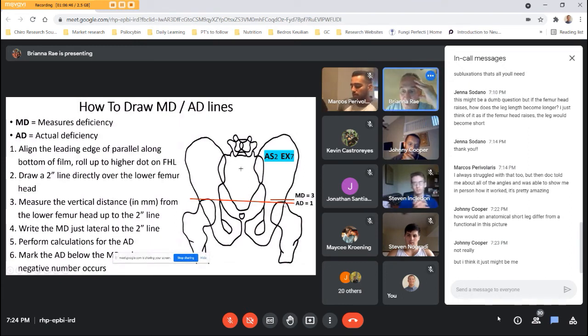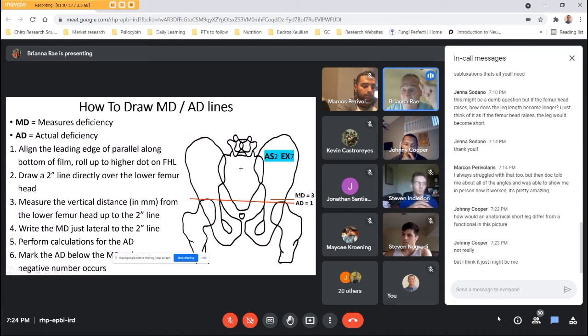Okay, so we don't know if that measured deficiency of 3 millimeters is anatomically short 3 millimeters, or if it's physiologically short. All right. We just know, remember, this is a standing weight-bearing x-ray. It's not laying down. So we're just comparing the top of the right femur head to the top of the left femur head, and we're saying, well, there's a difference of 3 millimeters. We don't know if it's anatomical or physiological.